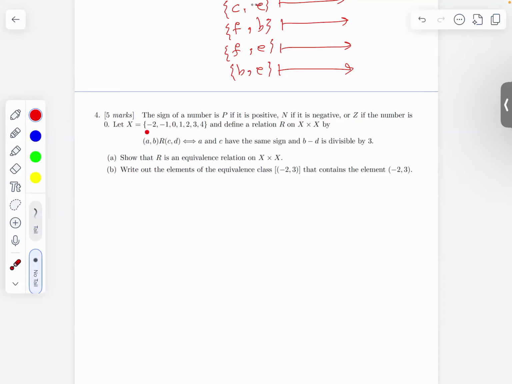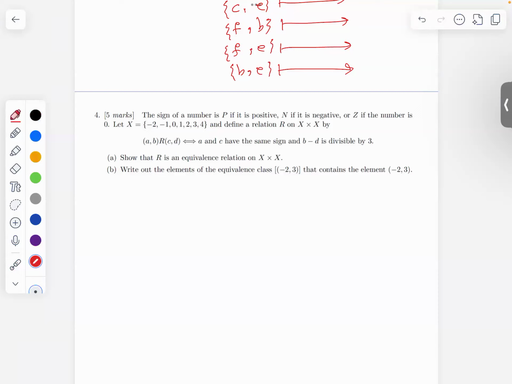X is {-2, -1, 0, 2, 3, 4}, and we define a relation on X times X. (A, B) has relation with (C, D) if A and C have the same sign, and B minus D is divisible by 3. Show that R is an equivalence relation.